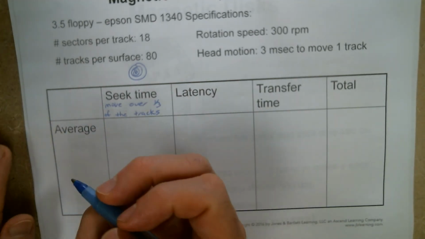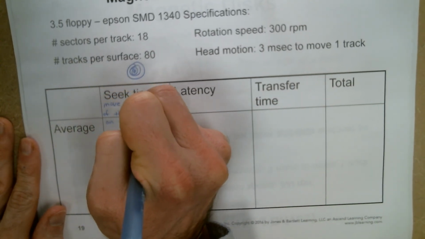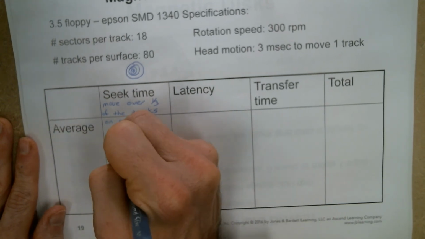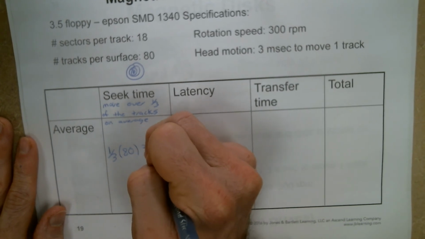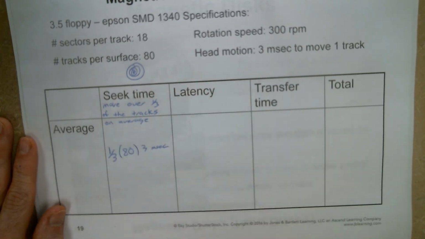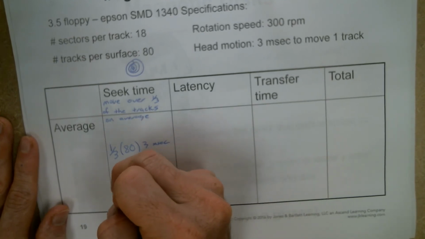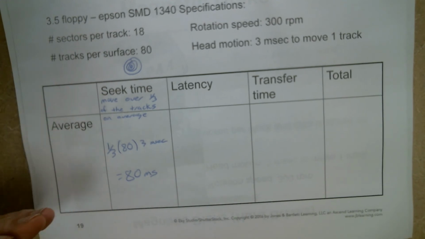So if on average we move over 1/3 of the tracks and there are 80 tracks and it takes us 3 milliseconds to move a track, what that's going to tell us is that on average, we're going to spend 80 milliseconds on our seek time, right?